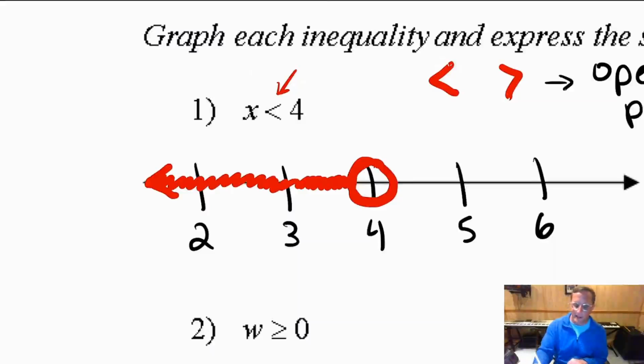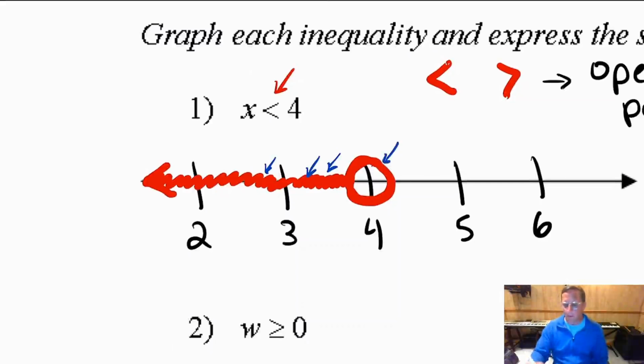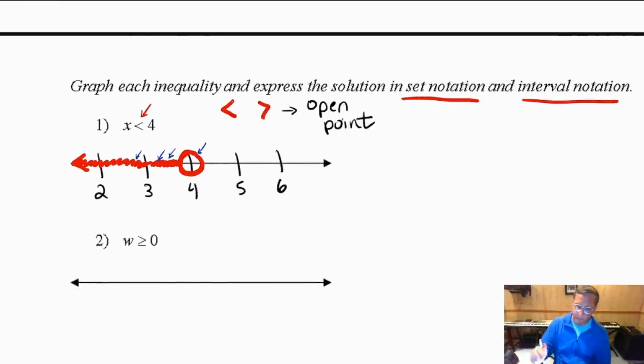It's an infinite number, but everything on this shaded region of the number line is a possible value for x, except 4. 4 is not a value because it's open. It doesn't say equal to 4, it just says x is less than 4. So 3.99 is less than 4, but 4.0, not so much. All right, so that's one way to do it.